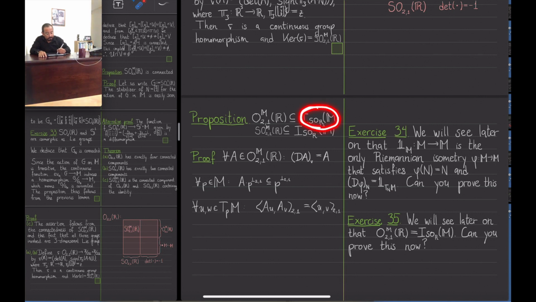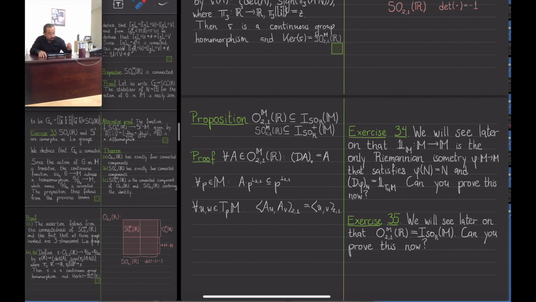We would like to see that this isometry is given as the restriction to M of a matrix belonging here, right? Of a linear map acting in the bigger space R3.